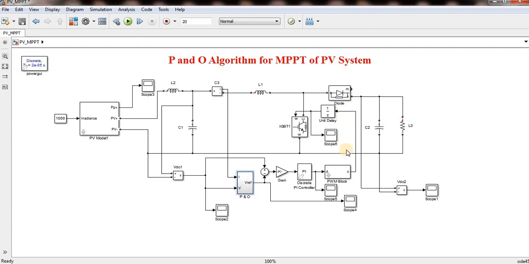Then your output voltage is not beyond 660. Then if it is connected, the inverter can't pump more current to the grid if more power is available. Because if more power is going into the grid, then only this voltage will reduce.